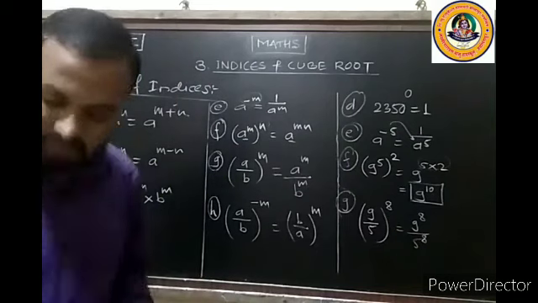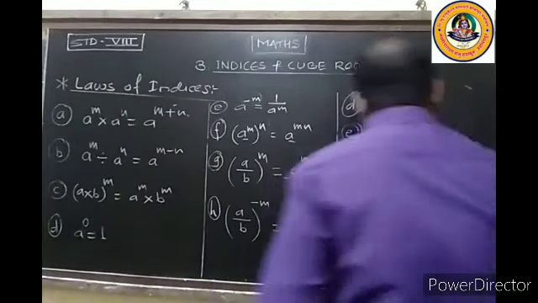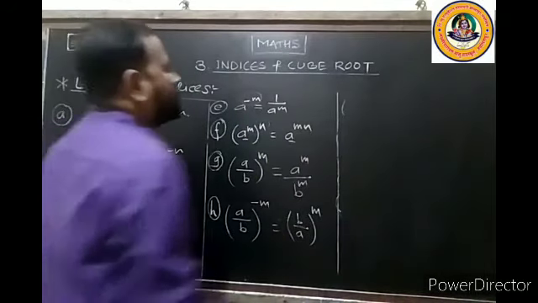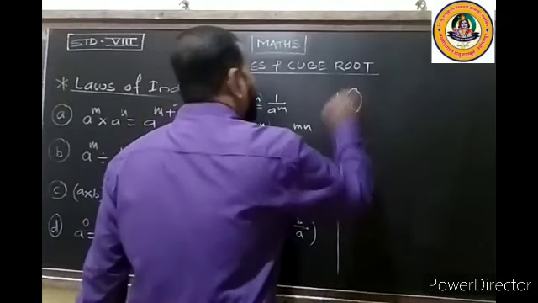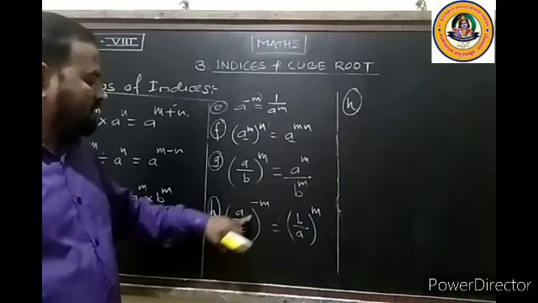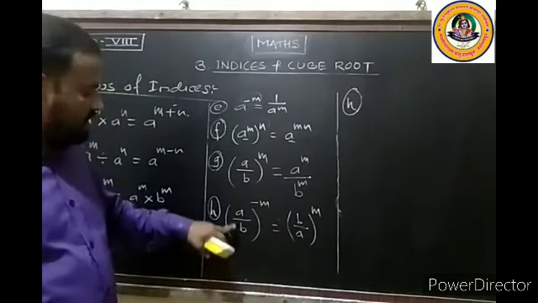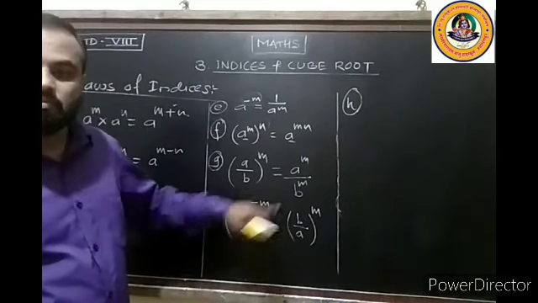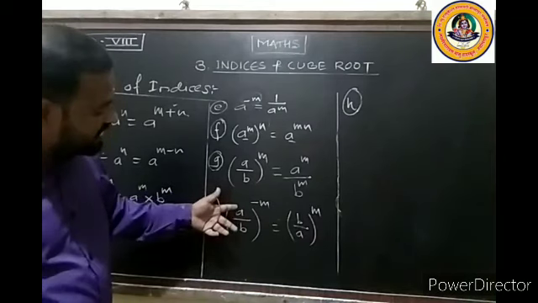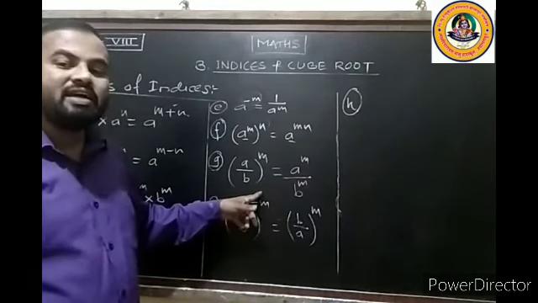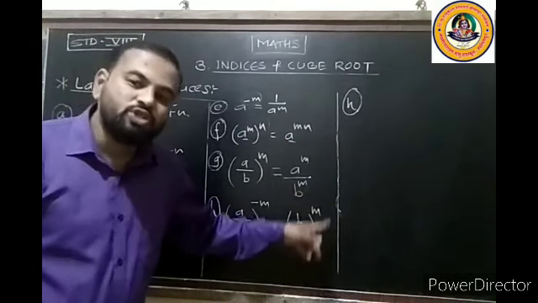And the last one, H, what is it? A divided by b or a upon b, what we say? A divided by b raised to negative m. This is a fraction. It is converted into a positive index.